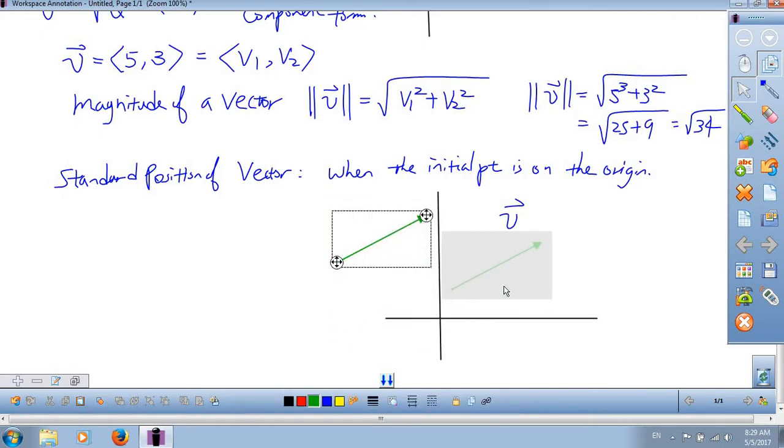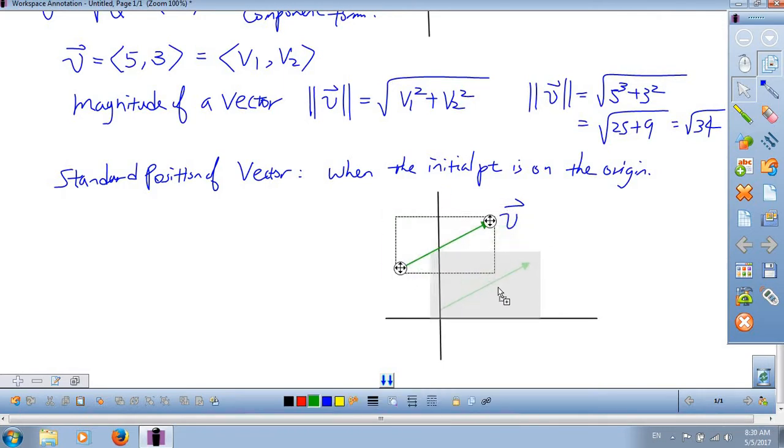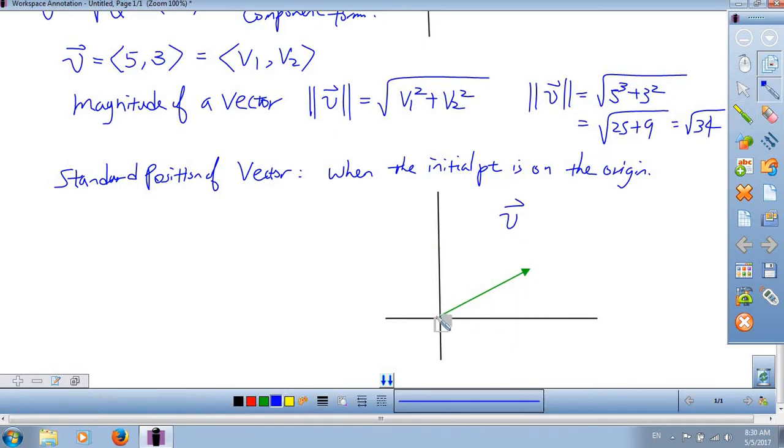So that means every vector we have, we can always move to what is called the standard position, where the initial point becomes the origin, 0, 0, and then we have a final point called v1, v2. This is where we get the v1, v2 component form from.